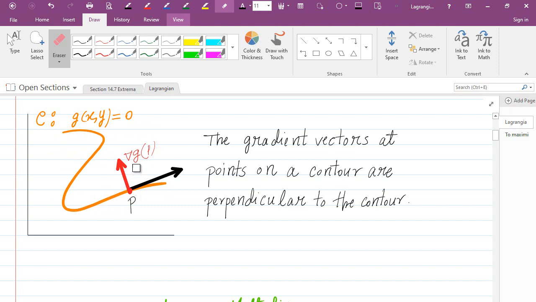So we recall that if I pick a point P on this level curve, then the gradient of g at P would be perpendicular to the curve. That is, it is perpendicular to the tangent vector at P. So the gradient vectors at points on a contour curve or a level curve are perpendicular to the contour.